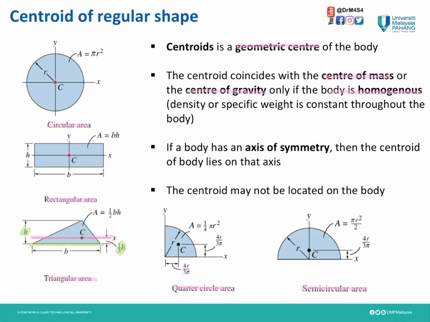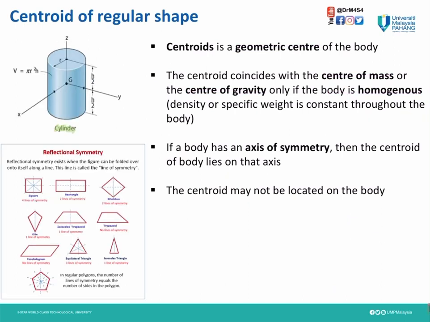For the quarter circle, the centroid lies at 4r divided by 3pi on the x-axis, while on the y-axis it is also 4r divided by 3pi. So here is the centroid for the quarter circle. And for the semicircle, from the base, the centroid lies at 4r divided by 3pi.